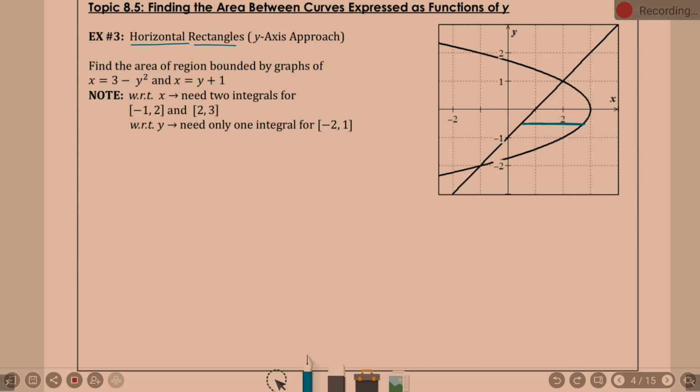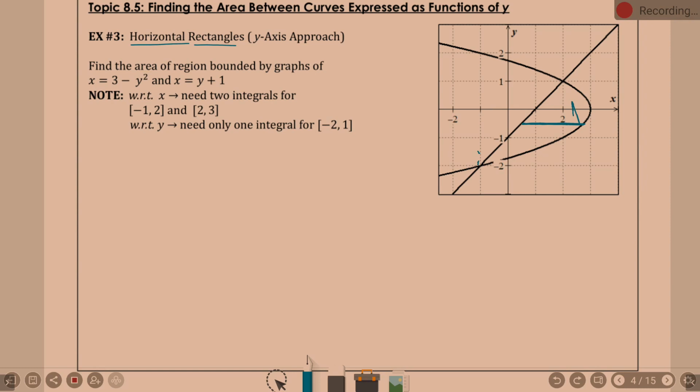There's a note there. WRT is with respect to. So the note talks about if we're going to do this problem with respect to x. That would be doing upper minus lower. There is never one curve that's always on top. From here to here, the line would be on top, wouldn't it? But then what happens over here?